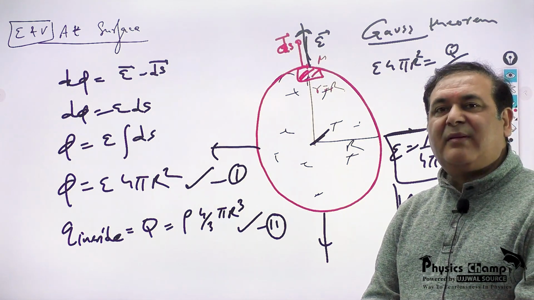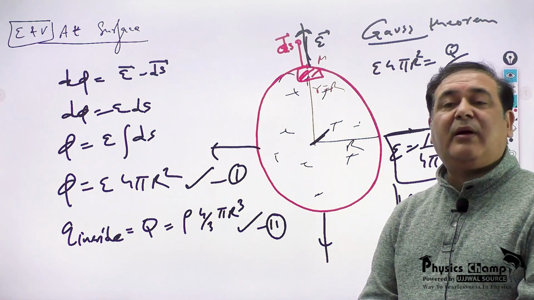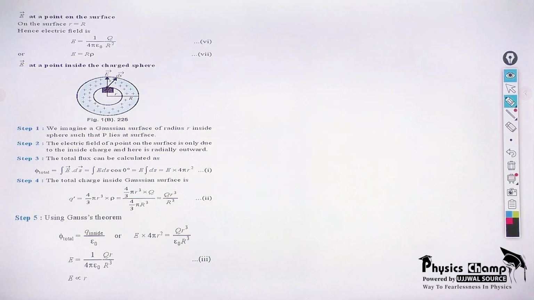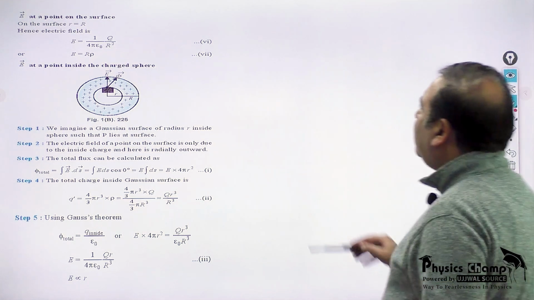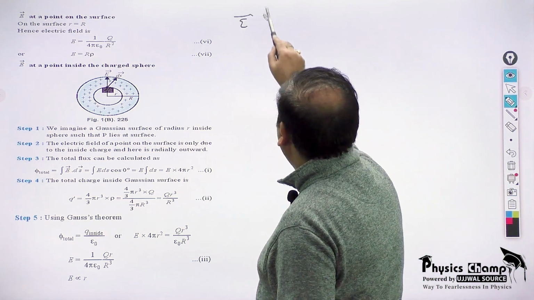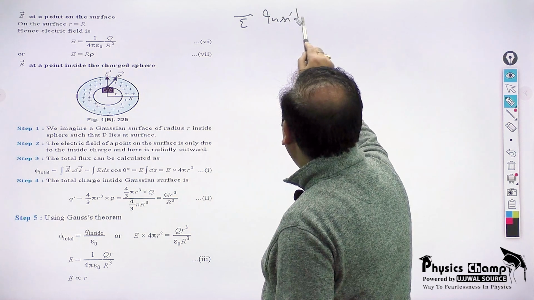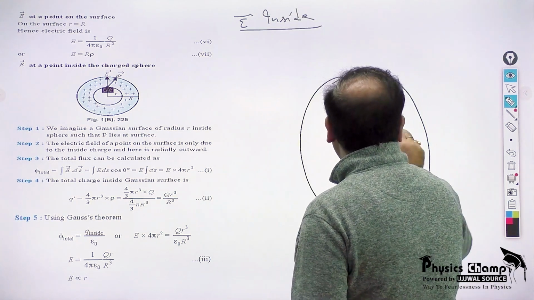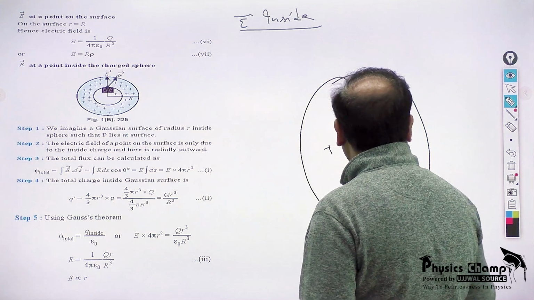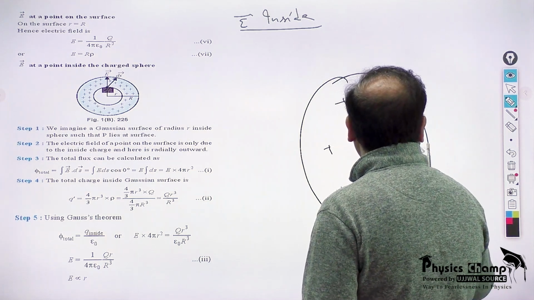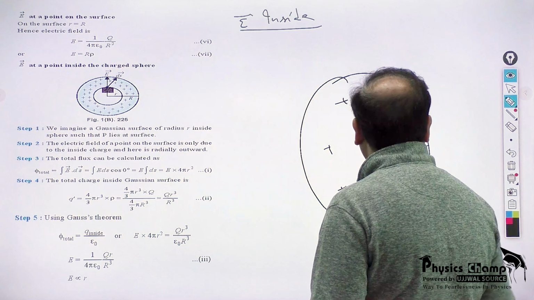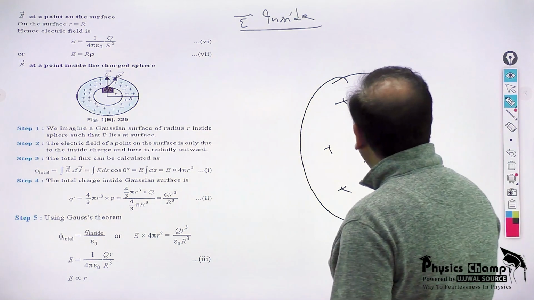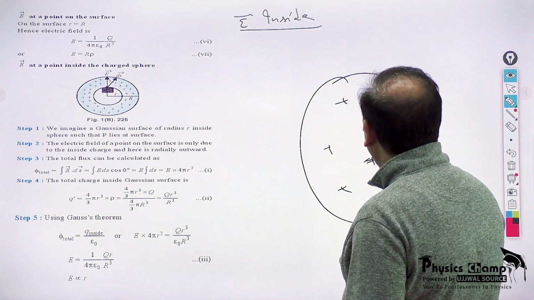Now interesting is how to find electric field and potential within it. So let's take electric field inside the charged sphere. Here you have this charged sphere. It was having a radius capital R. You are interested to find electric field at a point P inside.